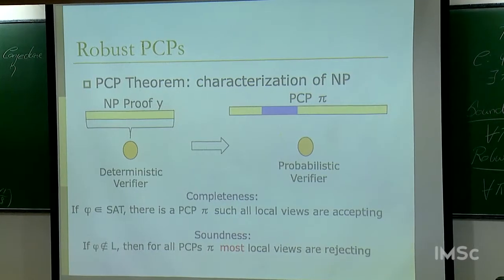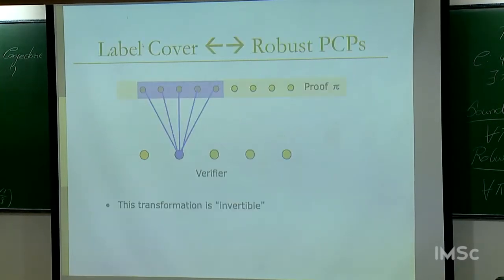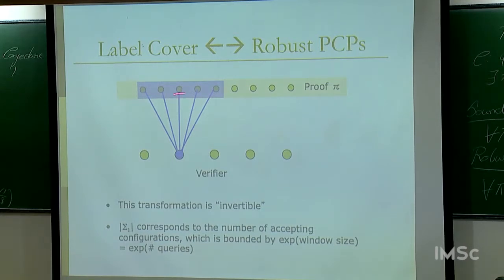This is an invertible process between PCPs and this one. You can do this check. Syntactically, these two things are exactly the same. So this version of the PCP theorem and the PCP theorem with this completeness and this robust soundness are exactly the same object. There's no loss of parameters in moving from one version to the other.